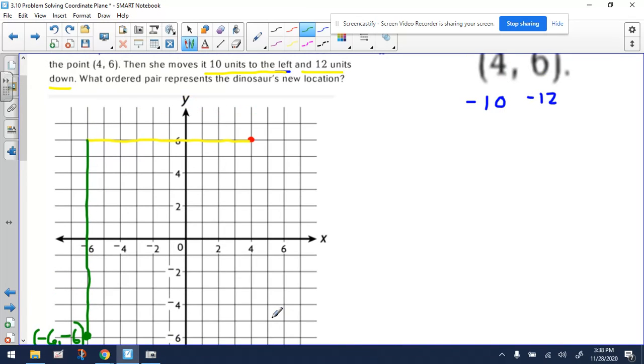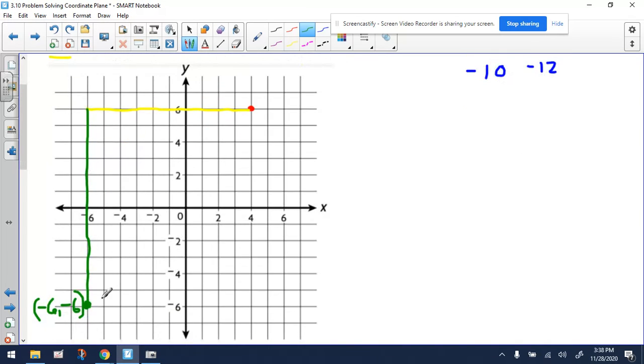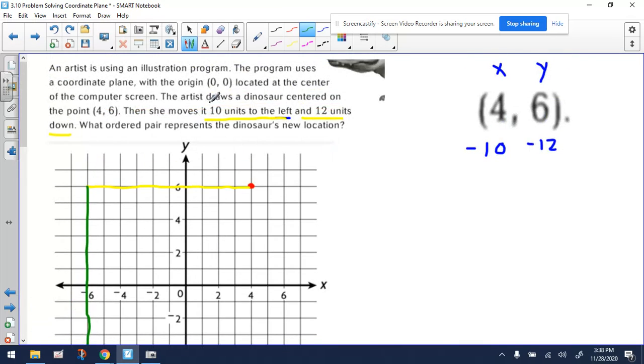Now, if we know our rules for integers, instead of going through all this drama to figure that out, we can simply say to ourselves that 10 units to the left means negative 10 to the x-coordinate, and 12 units down means subtract 12 from the y-coordinate. If we did a positive 4 and added a negative 10, wouldn't we get a negative 6?